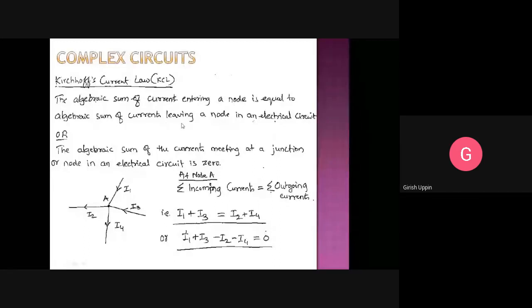Or we can say algebraic sum of currents meeting at a junction or a node in an electrical circuit is zero. Means what? If you sum up all these currents, then it would be exactly 0. That is, algebraic sum of the currents meeting at a junction or a node in an electrical circuit is 0.